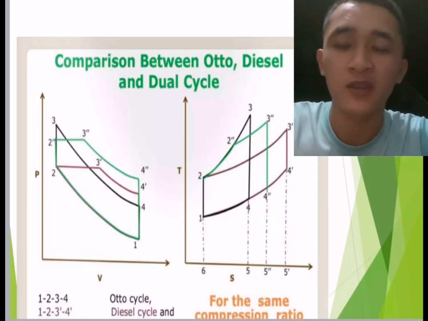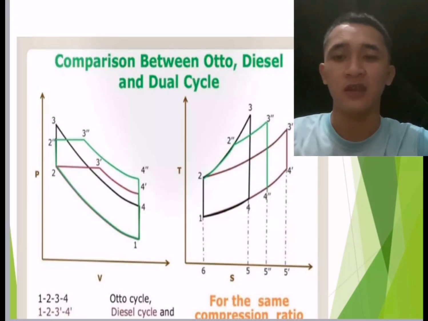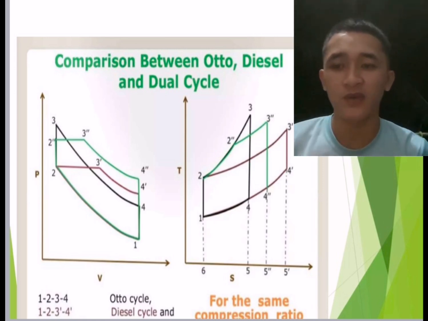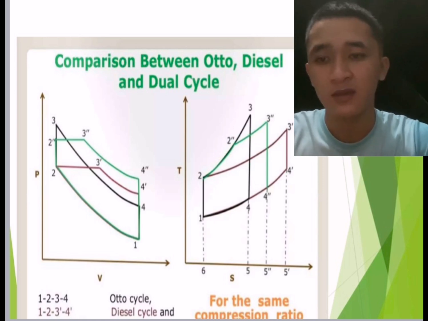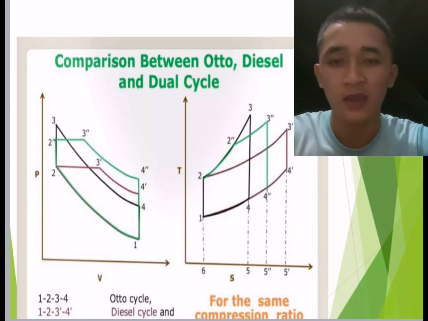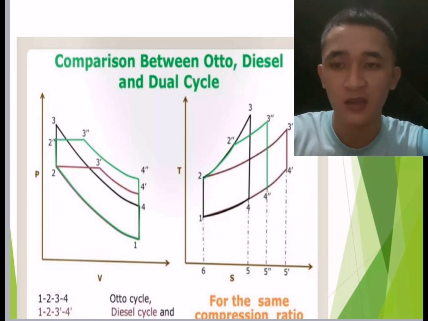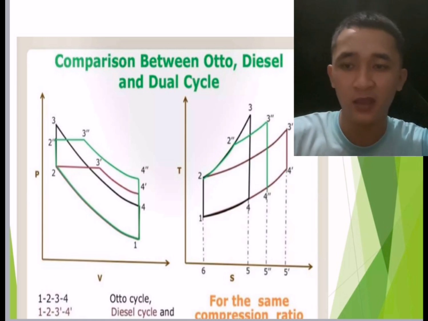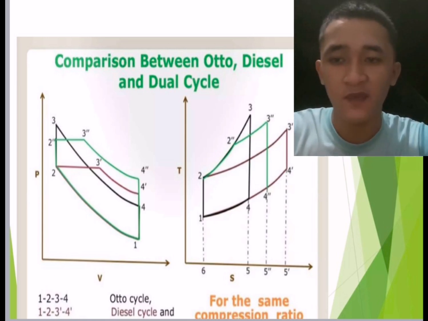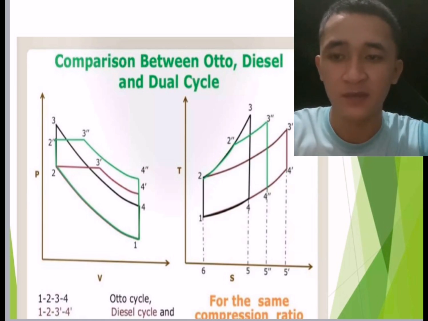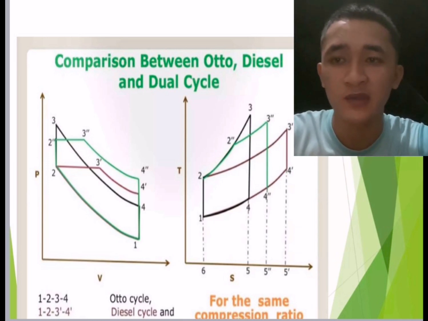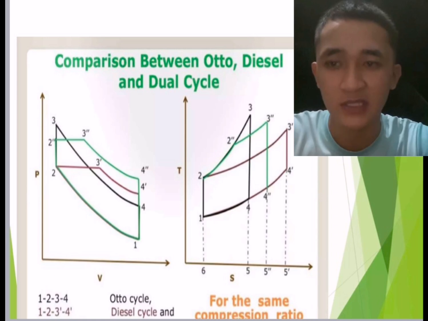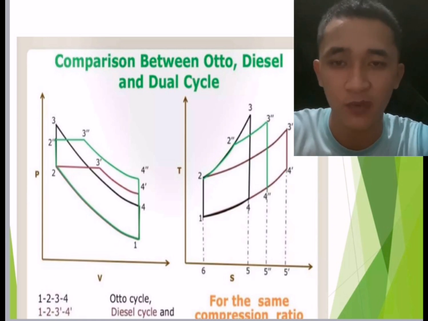Today, we compare the three fundamental thermodynamic cycles used in a thermal combustion engine, which are the Otto cycle, the diesel cycle, and the dual cycle. Each cycle models the idealized process of a different type of engine. First, the Otto cycle is more efficient than diesel because heat is added at constant volume.